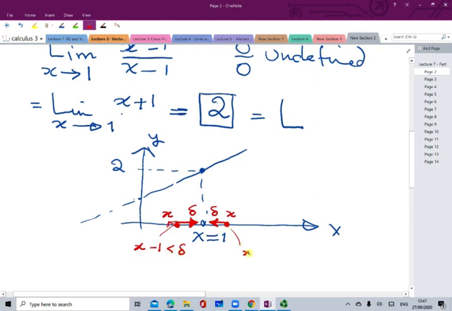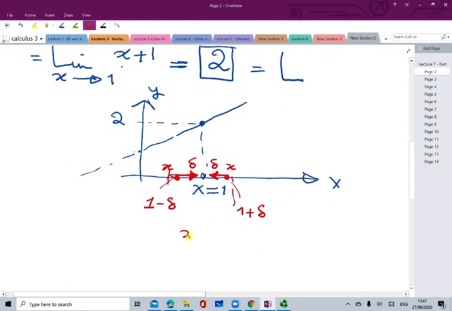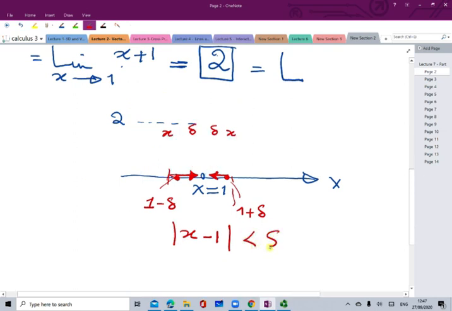Either I'm approaching from the left or from the right, within 1 minus delta and 1 plus delta. So I write it like this: x minus 1, as if I'm centered at 1, and I'm approaching from any value where the distance is less than delta.